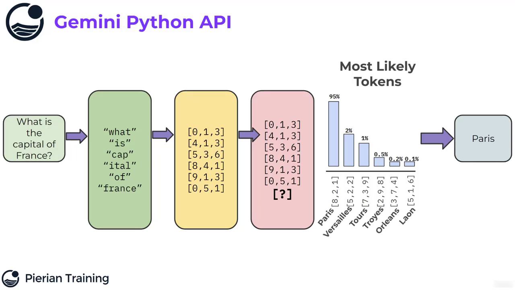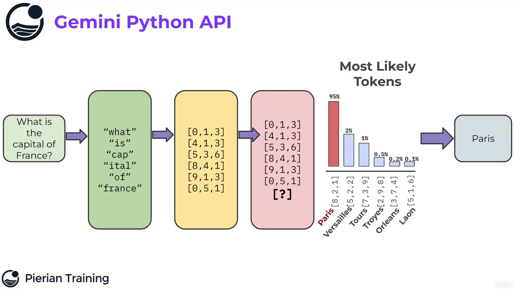So we can see here that if I were to sample from this probability distribution, I would maybe have a 95% chance of choosing the token vector embedding that was connected to the word Paris. And then I would get the output of Paris. This is kind of just a made-up extreme example. If you were to ask the model what is the capital of France, and you were to take a look at the true probabilities, you would probably have something like a 99.9% chance of Paris being the next word.